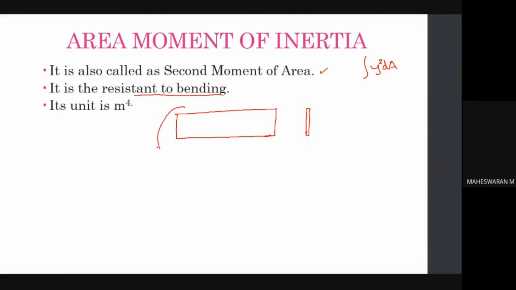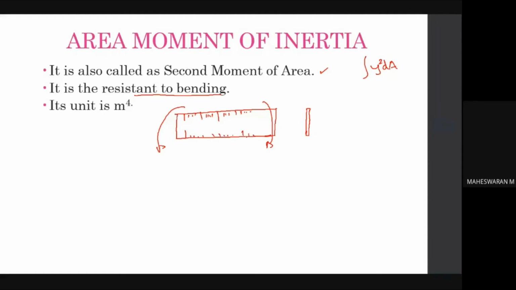If I apply a force, are you able to bend this scale? It is very, very difficult, right? You can try it out. Keep the scale so that my front view is like this, and my scale reading is visible here.